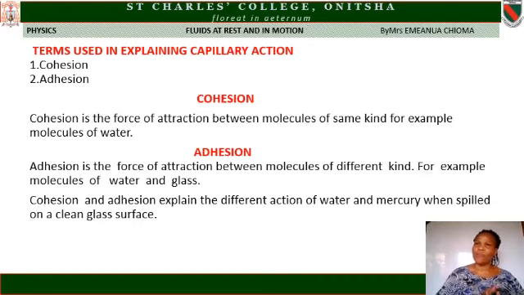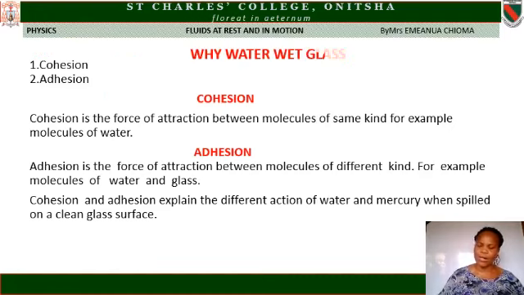The force of attraction existing between those molecules of different substances is what is called adhesive force. Cohesion and adhesion explain the different action of mercury and water when spilled on a clean glass surface.